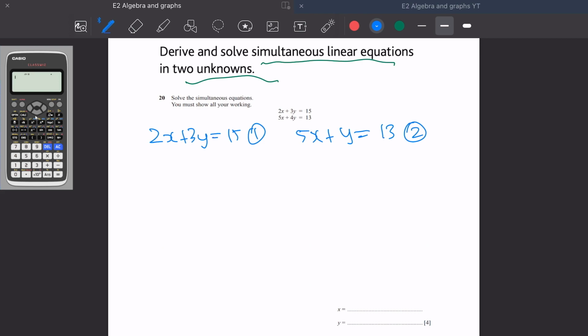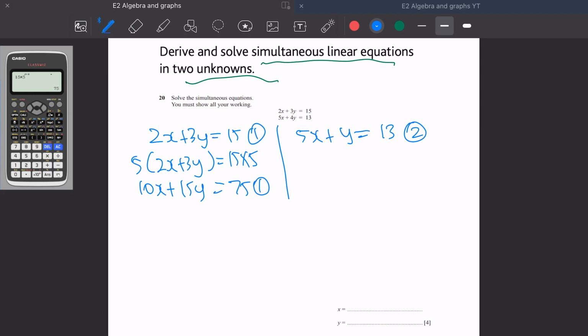Now, if I multiply the first by 5, I'll get 10x plus 15y is equal to 15 into 5, which is 75. Now, if I multiply the second equation by 2, I get 10x plus 8y is equal to 26. Now, the coefficient of x is 10 in both. That's what I wanted.